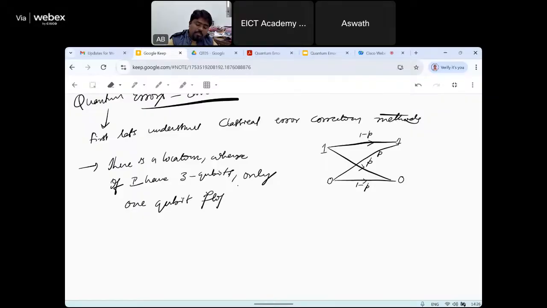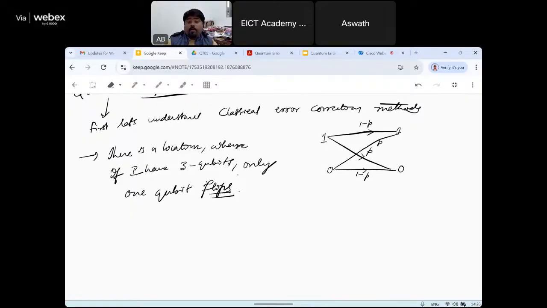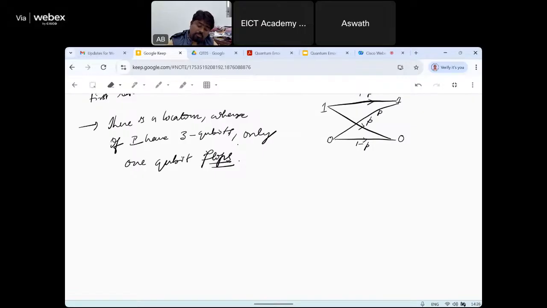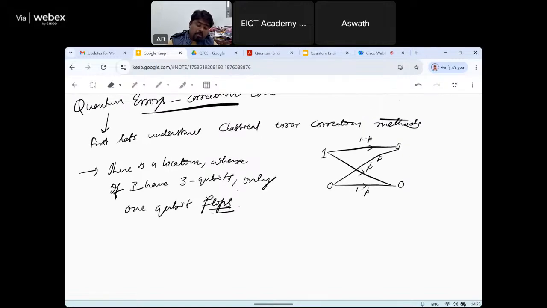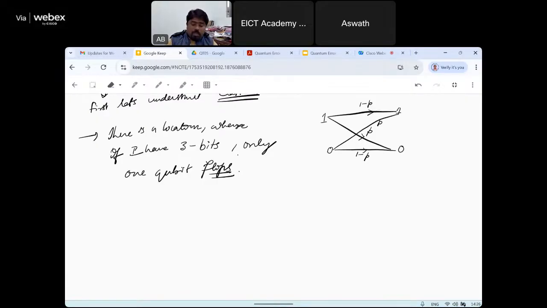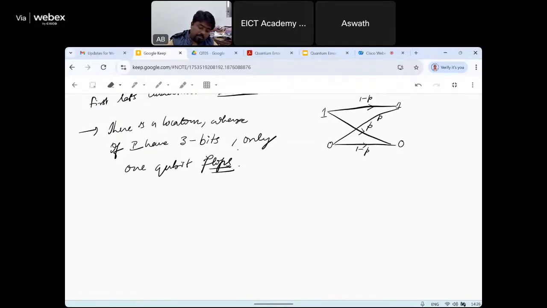In that case I will take all those 3 qubits into consideration. Since we are talking in classical terms, let's remove that qubitness and talk in terms of 3 bits, not qubits. So there is a location with 3 bits, either 1 or 0. For sure, we know that only one bit flips.